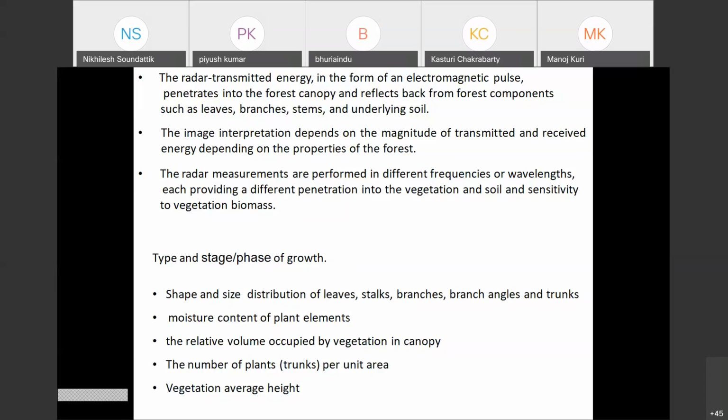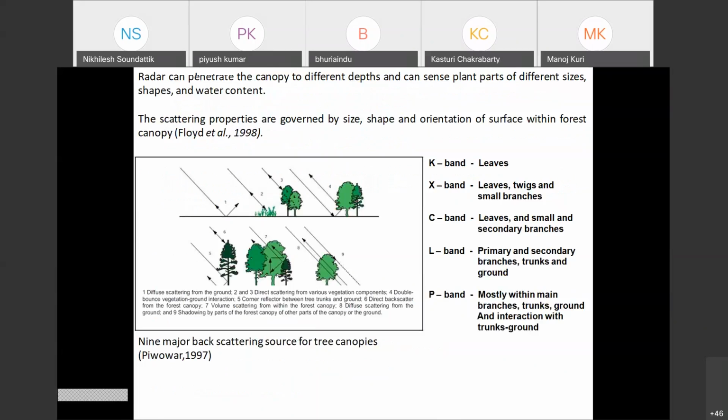Another important factor is the timber volume of the forest, which gives the biomass content. The timber volume and the vegetation height are the most important information we get using microwave images.